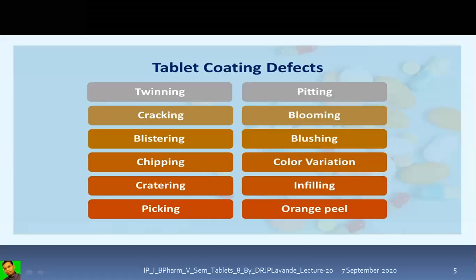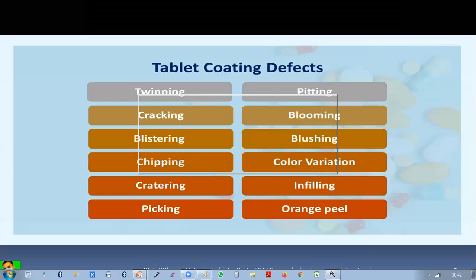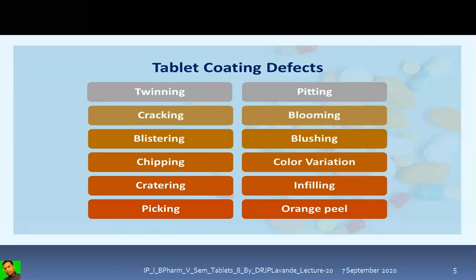Okay, so students, we are already onto the tablet coating defects. So far we have gone through what a tablet is, what the advantages and disadvantages are, and what ideal properties are needed for a particular tablet. Then we saw what mixing, granulation and compression are.